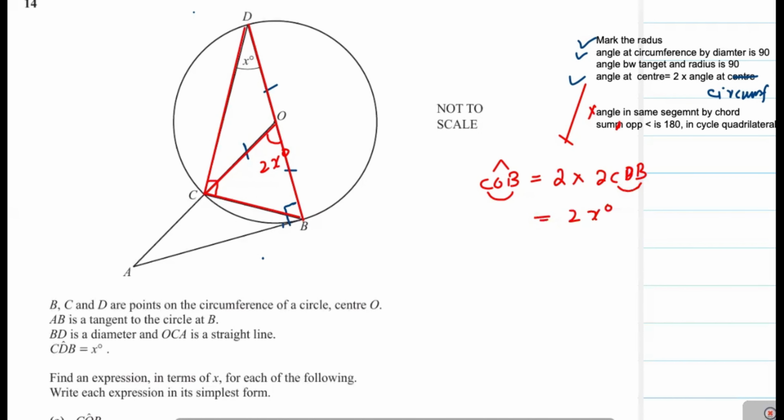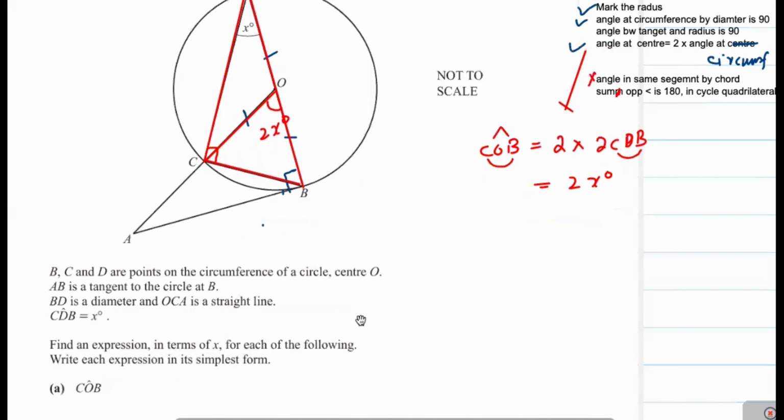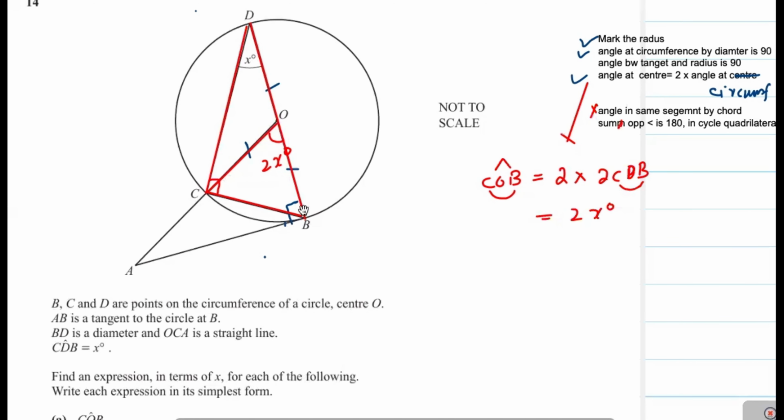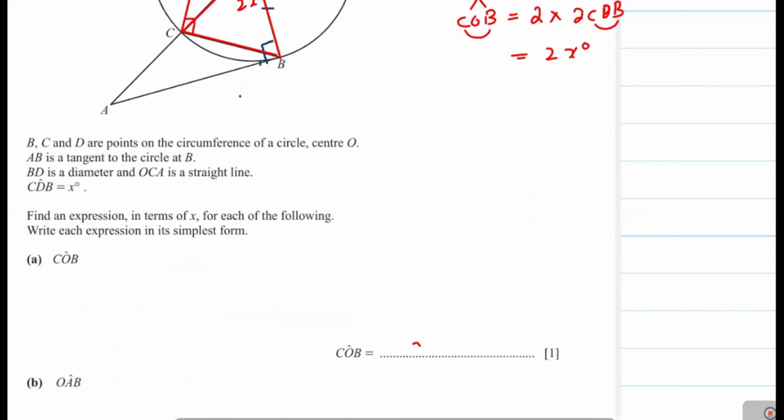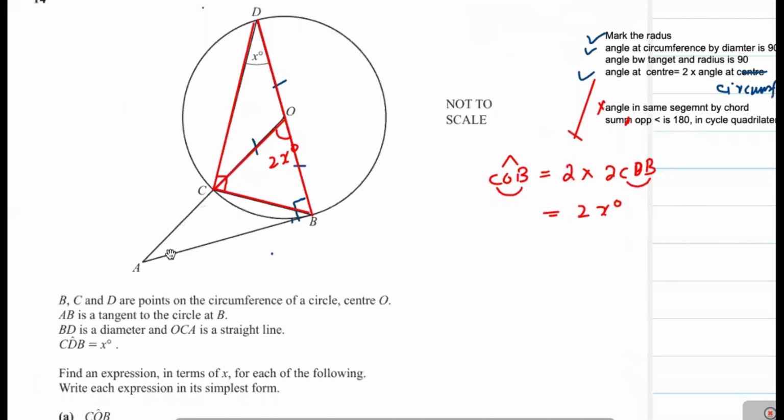Now we see the angle we have to find. This is COB. You can see here, this 2x degrees is the angle. Next is OAB. You have to find OAB. To find angle OAB, we take the triangle OAB.